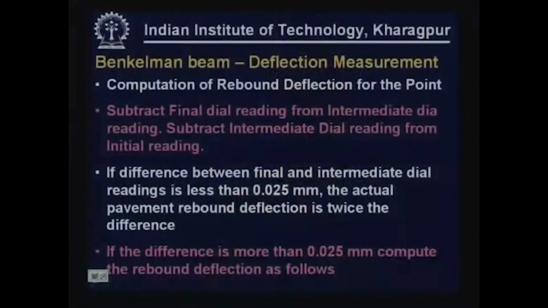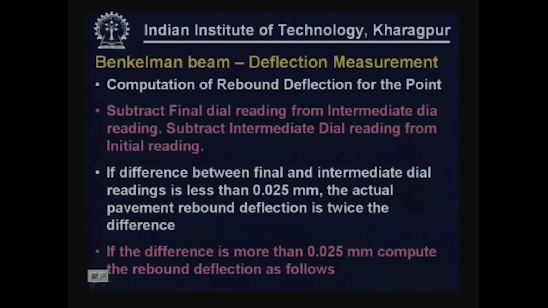At a given point, this is how we calculate the rebound deflection: we subtract the final dial reading from the intermediate dial reading. We also subtract the intermediate dial reading from the initial reading.